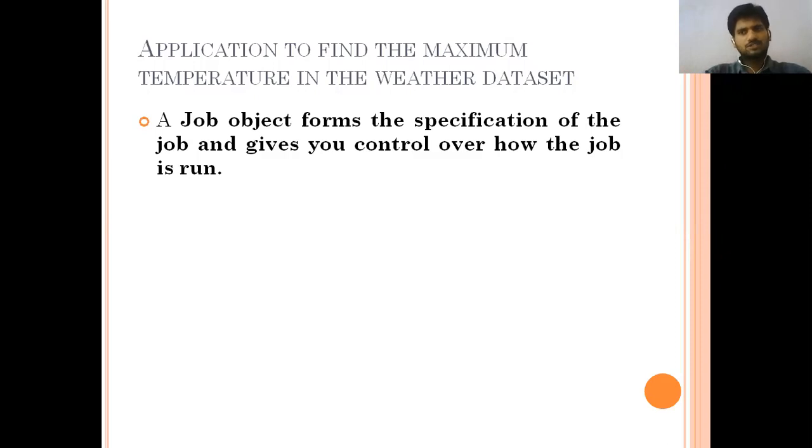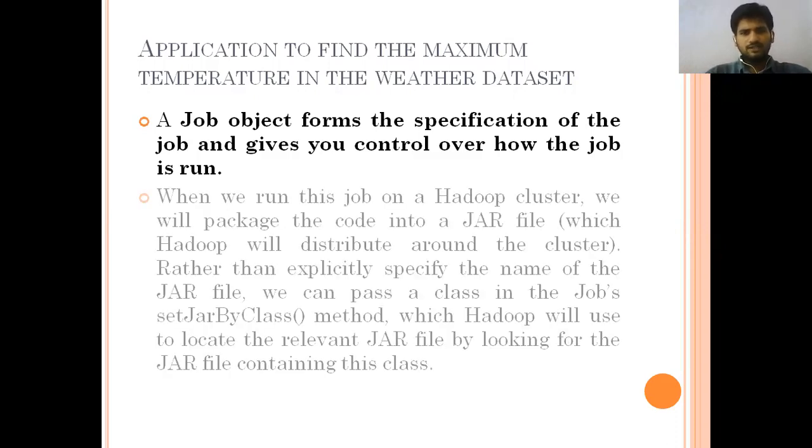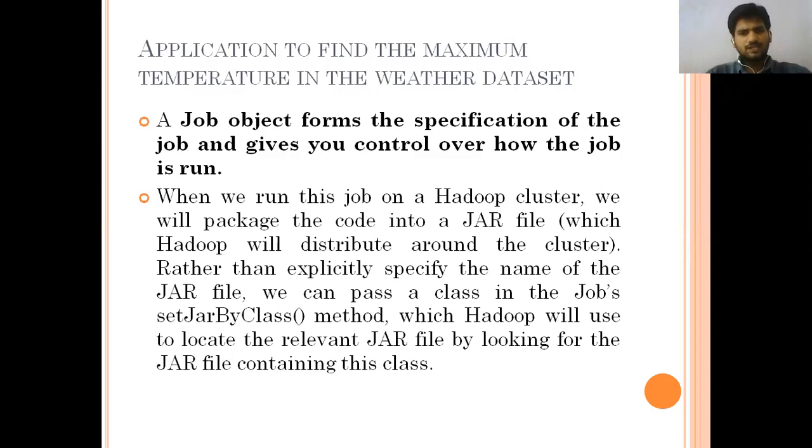What is the concept of input to an object? Input to object is nothing but a vector class. So that is how we consider how to run the job. Then when we run this job in a Hadoop cluster, we will package the code into a jar file.